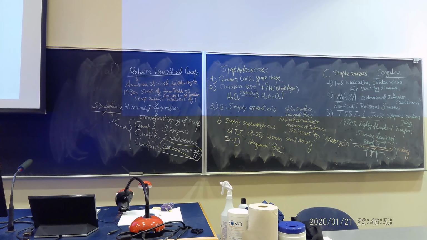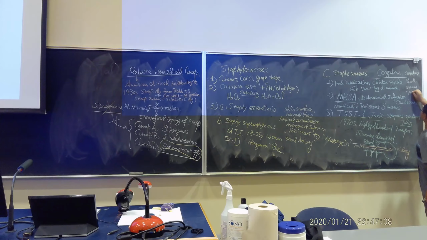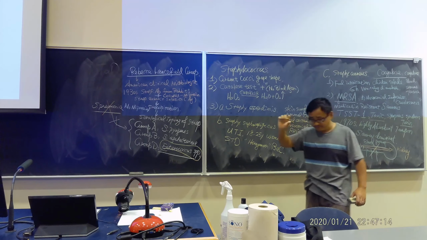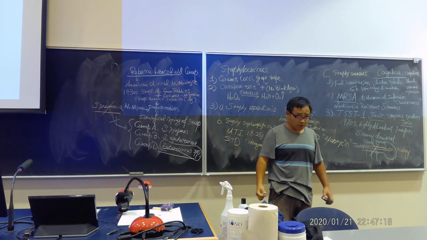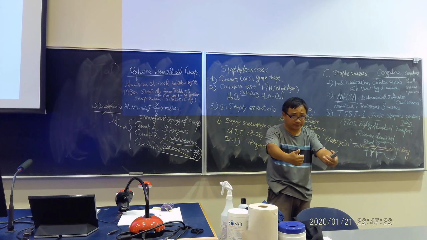This coagulase can coagulate blood serum or plasma. So if you do a test, you have blood serum, you add Staphylococcus aureus, 4 hours later you can turn the tube upside down.